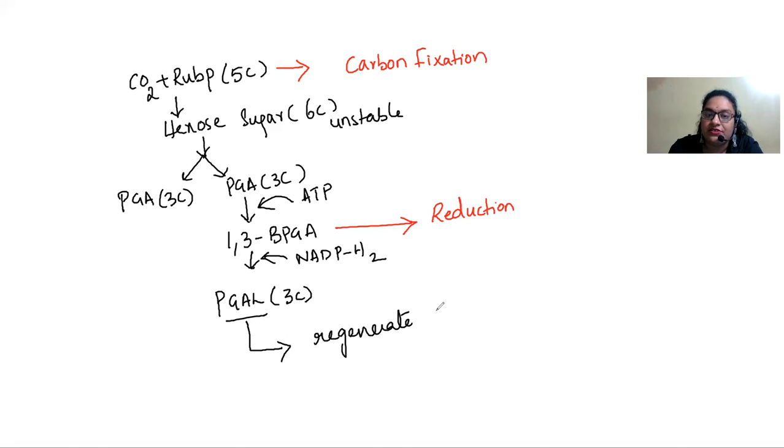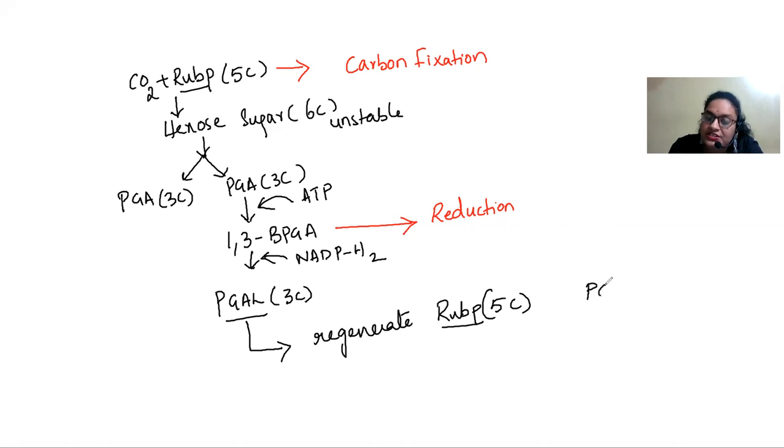regenerate the RuBP molecules, because if you just go on using the RuBP sugars from the stroma, there should be no shortage of RuBP, so we need to regenerate. So imagine how many carbon atoms RuBP contains. It is going to be 5 carbon atoms.